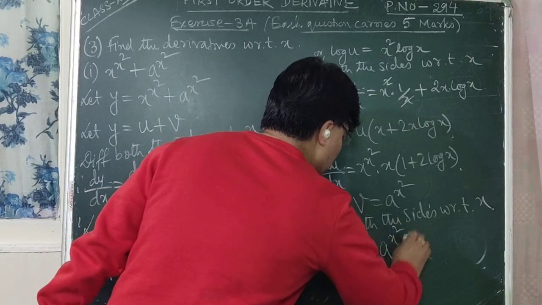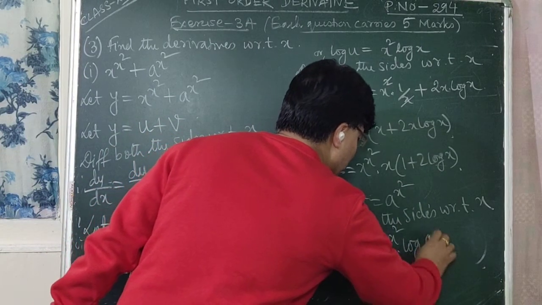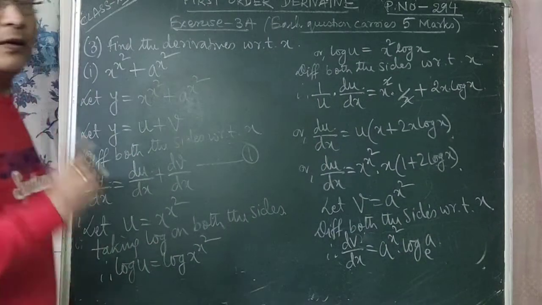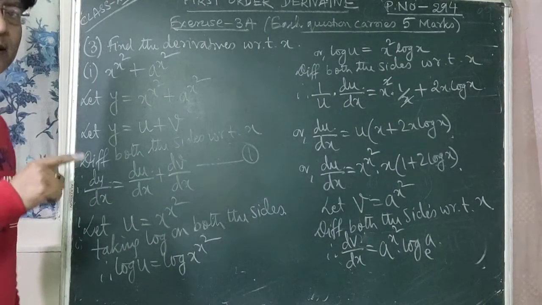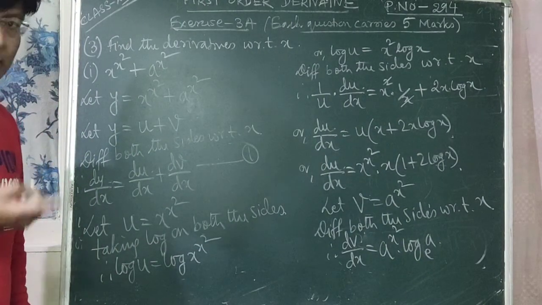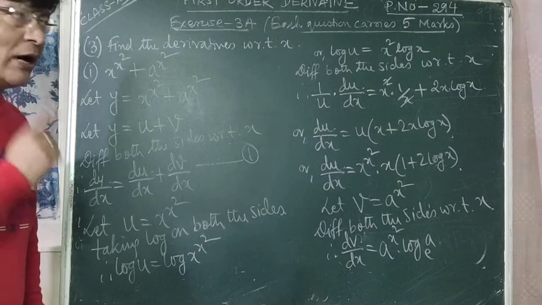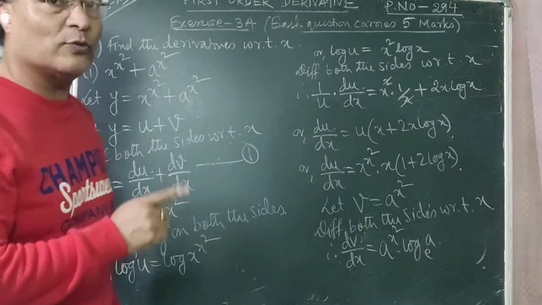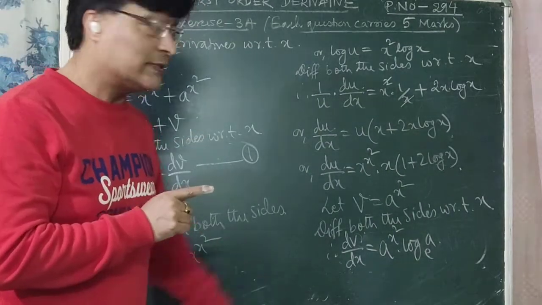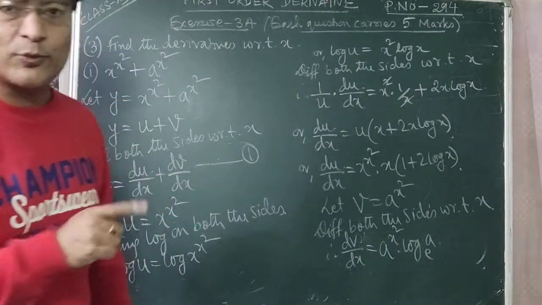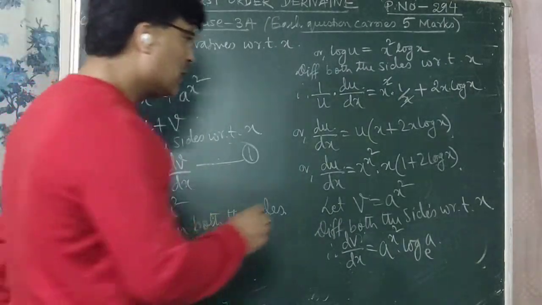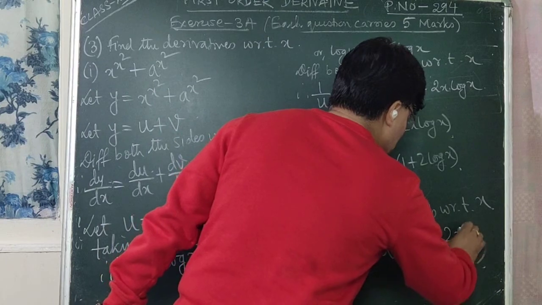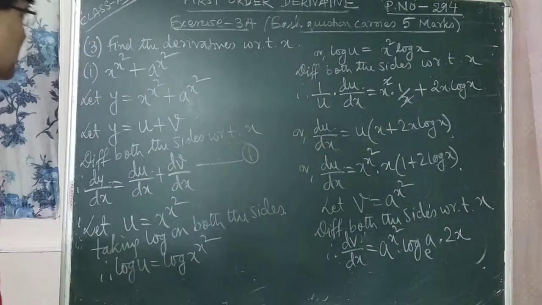A to the power x square into log a base e into, again which function was taken as x? X square. Then only it was differentiated. And now you have to differentiate the function which is assumed as x. That is, you have to differentiate x square with respect to x. That is into what? It is 2x. Is that clear?